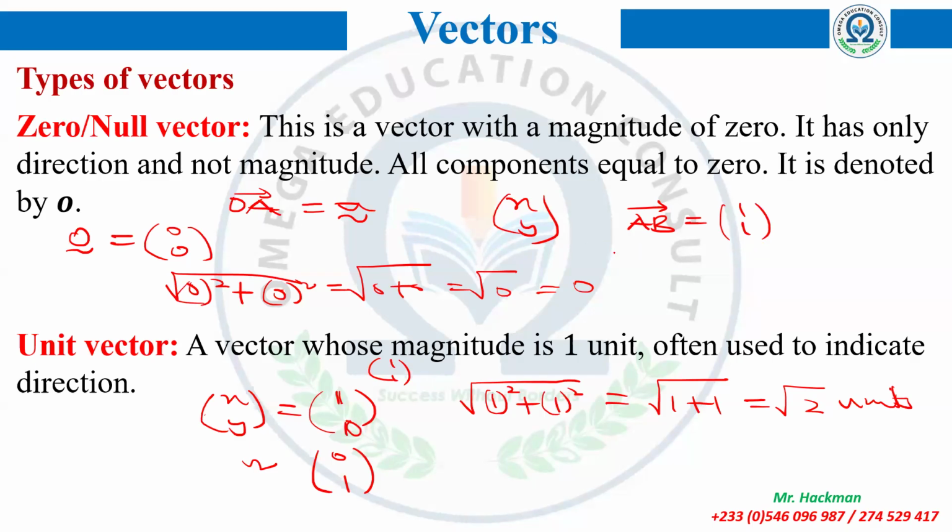This will be equal to root of 1 squared plus 1 squared. Are you with me, Prof. Olali? Yes, please. Which in effect will give us root of 1 plus 1, because 1 squared is 1, which will give us root of 2. Then your unit, is that clear?